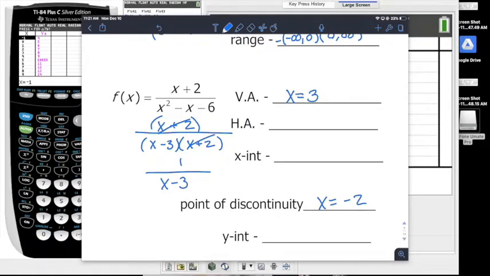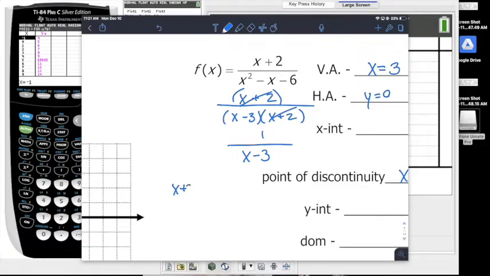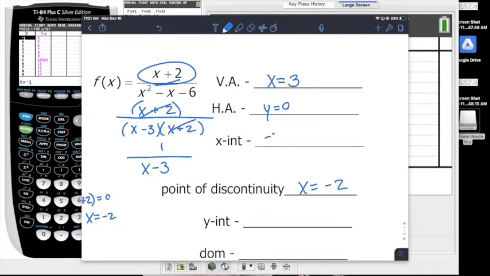Since the degree is bottom heavy, we're going to say that the horizontal asymptote is 0 again. I haven't seen a ton of examples where it's not been. For the x-intercept, set x plus 2, the numerator, equal to 0. Right up there. So that gets us x equals -2. That'll be at -2 comma 0.